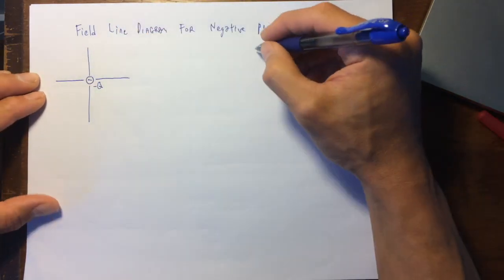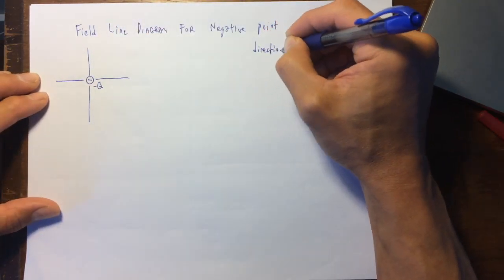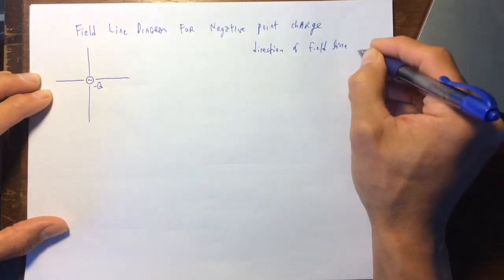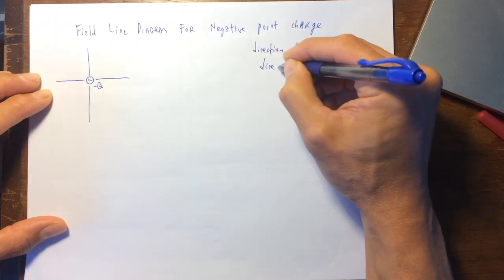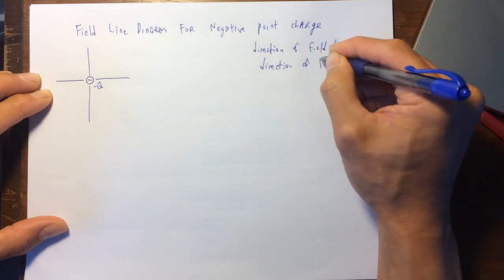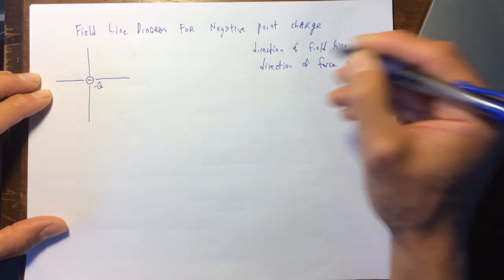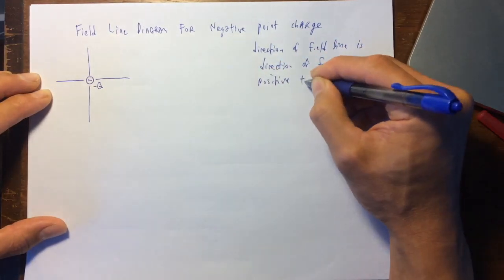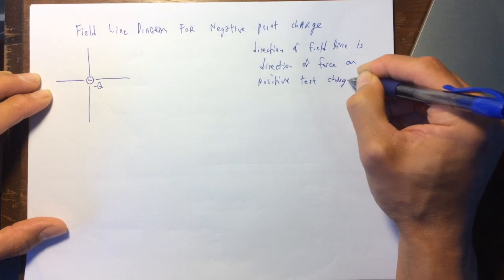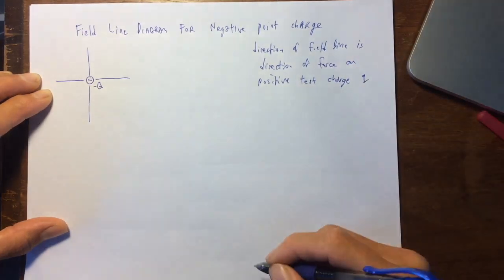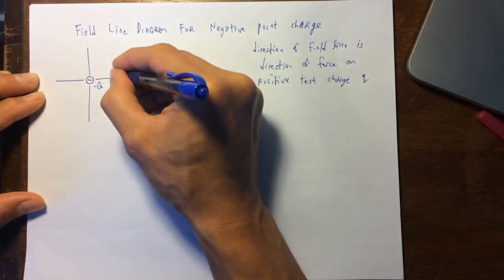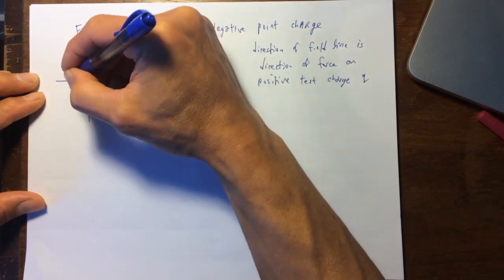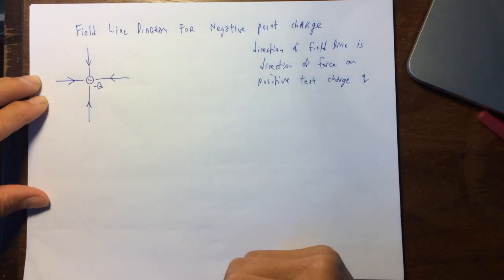But if I use the direction of the field line as the direction of force on a positive test charge, lowercase q, then the field lines need to be directed in towards the negative charge.